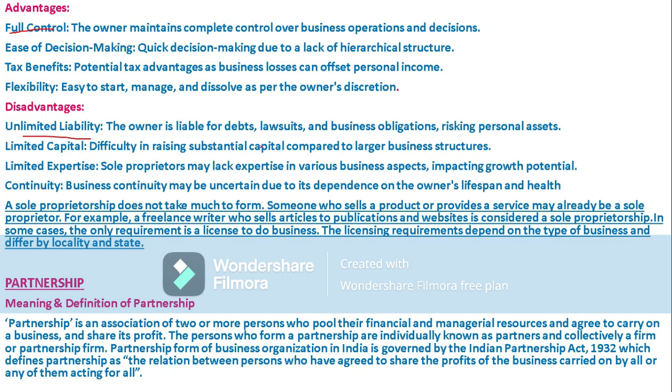Next one is limited expertise. Expertise means he is the only person who looks after his business, who takes decisions, who manages the business. If there are 4 to 5 persons and there is any problem, they will communicate with each other, raise the problem, and try to solve that problem with different ideas.